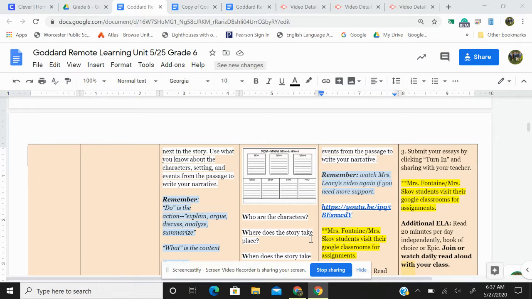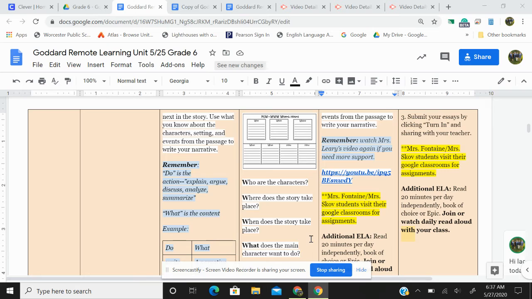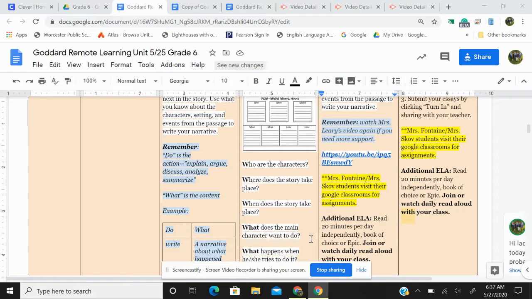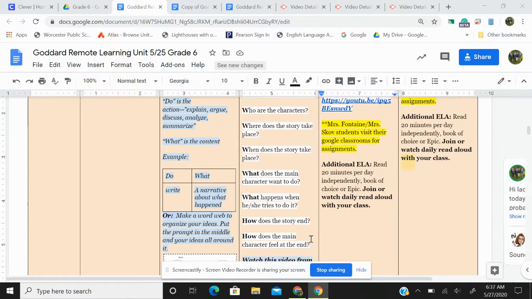Where does the story take place? When does the story take place? What does the main character want to do? What happens when he or she tries to do it? How does the story end? How does the main character feel at the end? So those are all the questions from the organizer.